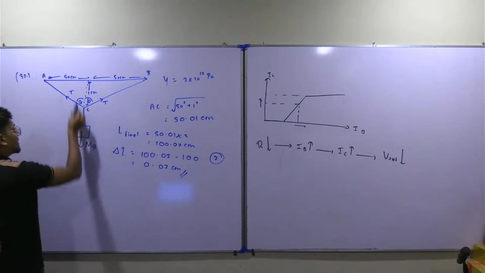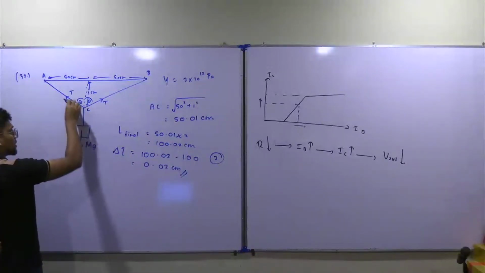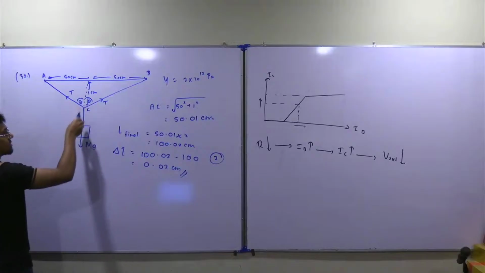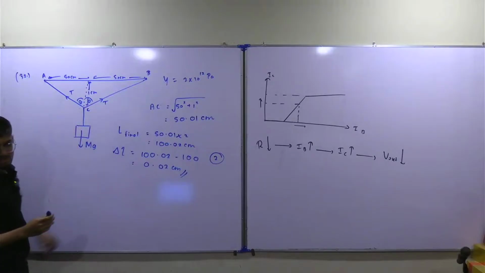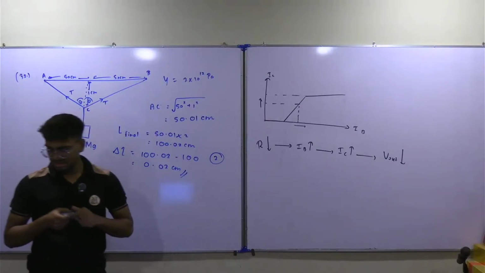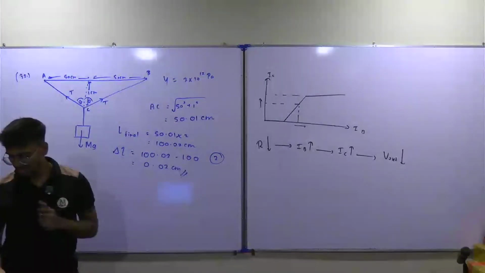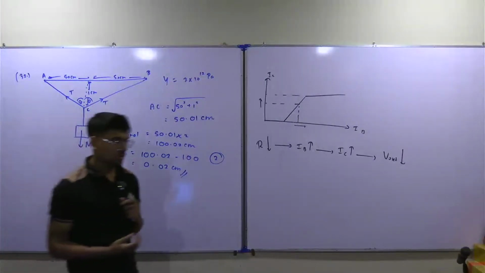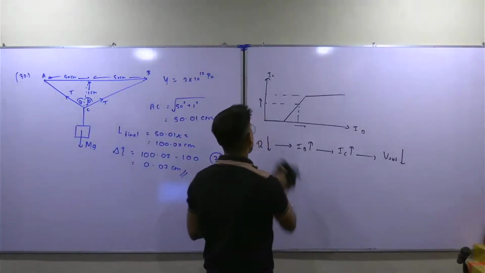By considering the vertical equilibrium of the point C, you can write 2T cos theta should be equal to mg. 2T cos theta should be equal to mg, right?